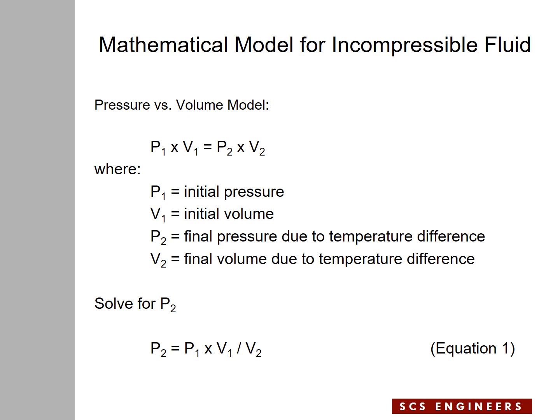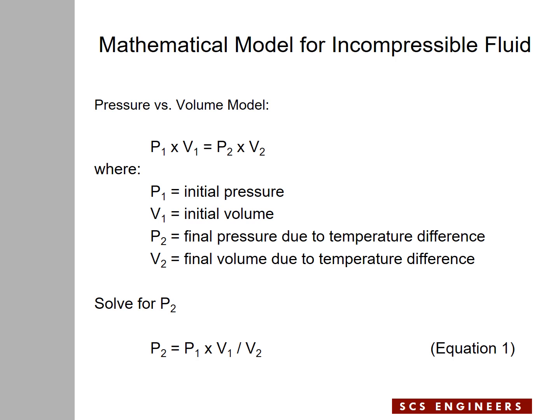To show the impact of ambient temperature on the final pass-fail pressure for evaluating whether the test was a failure or a passing result, you start with a pressure-volume relationship.